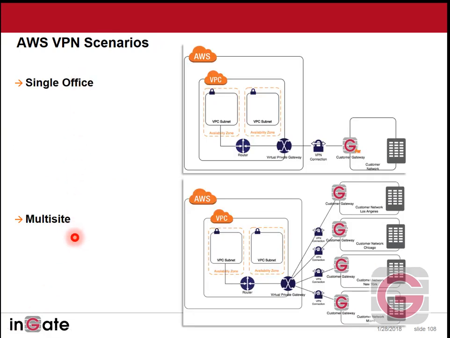There are two typical situations. One is what we call the single office. We're going to have an Ingate in our office, with the users and everything here, phones, etc. We're going to have a VPN connection to the VPC, and we're going to have services like the IPPBX hosted on the VPC.